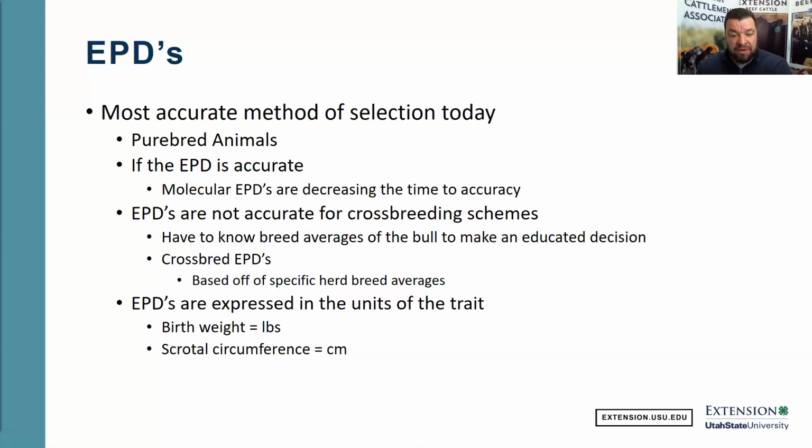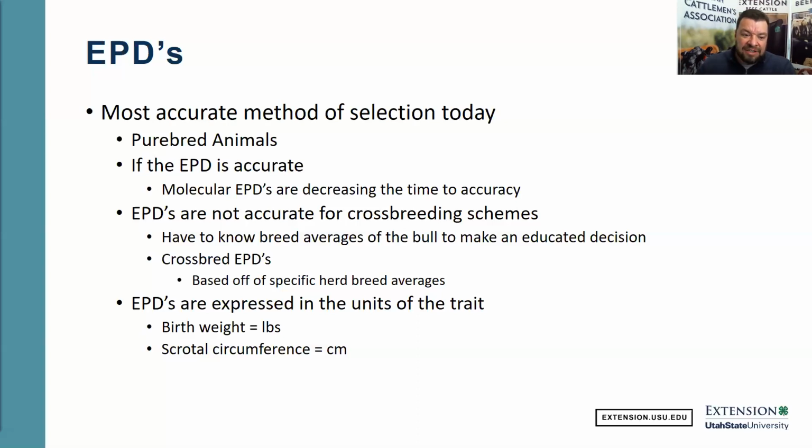So does that bull, his EPDs associated with his breed average, is that something that your cows and your resources can handle? Now, we do have crossbred EPDs. These are also something that we can use as a tool, but these are highly inaccurate, and they tend to be based off specific herd breed averages for certain breeds that were used. So, still a great tool, but probably not something that you want to utilize to increase accuracy of selection.